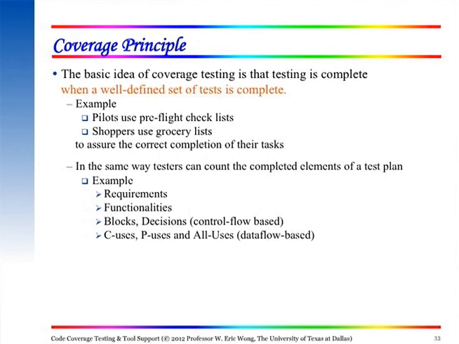We are also going to have a new set of coverage criteria, which is data flow based, that we are going to discuss in a few minutes. So this is the type of coverage testing we are going to discuss today. It's not just black box. It's not just coverage with respect to requirements. We're talking about coverage with respect to source code.